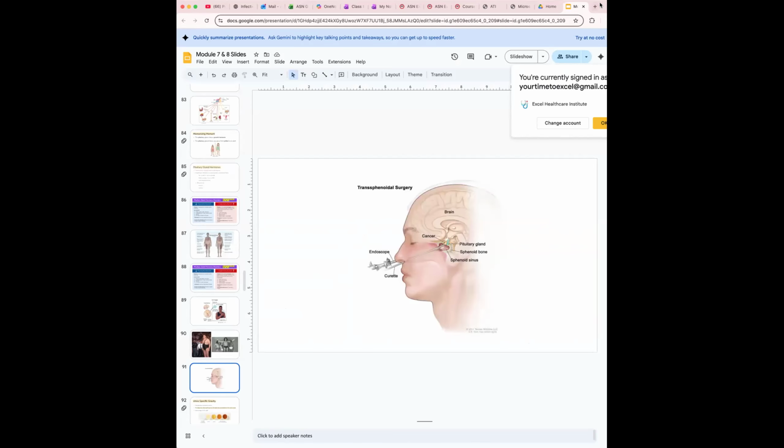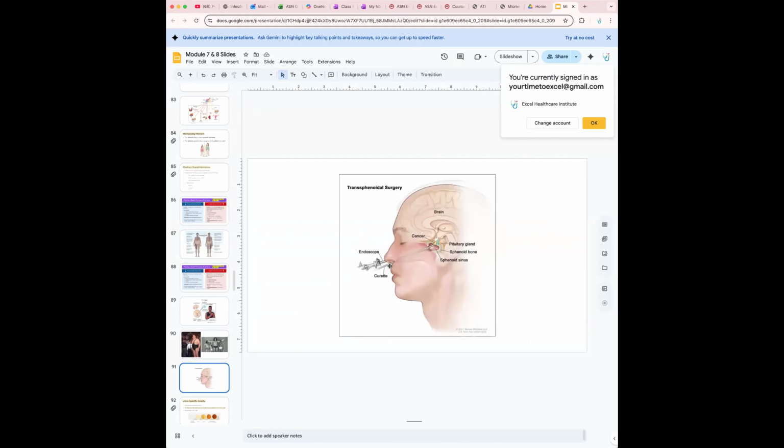As we can see in this picture here, they're going through the upper gum. So I know it looks like the nose, but they're really going through the upper gum. It is in a way going through the nose, but the first access point is the upper gum.